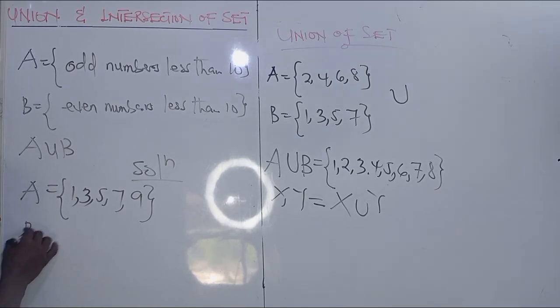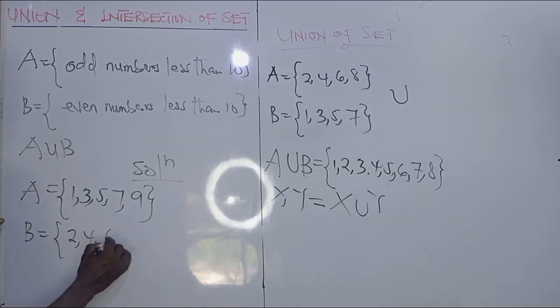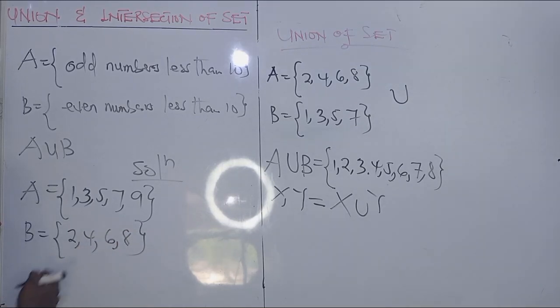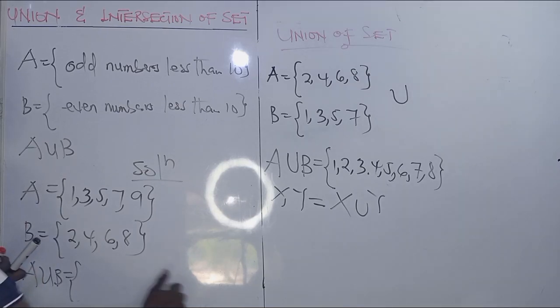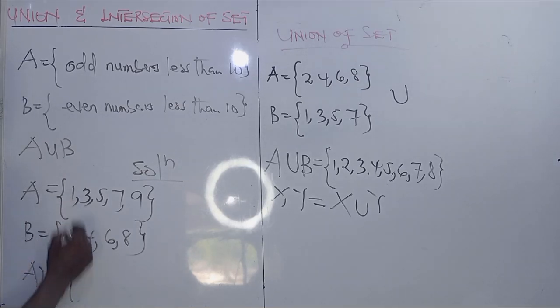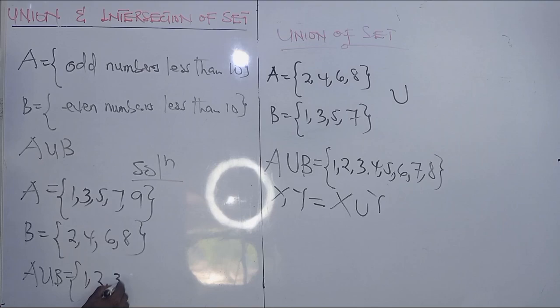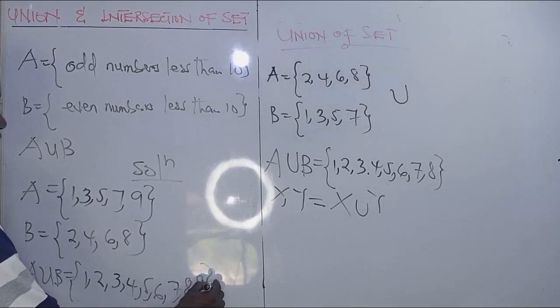And then we look at set B, which contains the elements even numbers less than 10. We have 2, 4, 6, 8, and that is that. Therefore, A union B is just going to be a combination of all these elements into a single set. So we have 1, 2, 3, 4, 5, 6, 7, 8, and then 9.